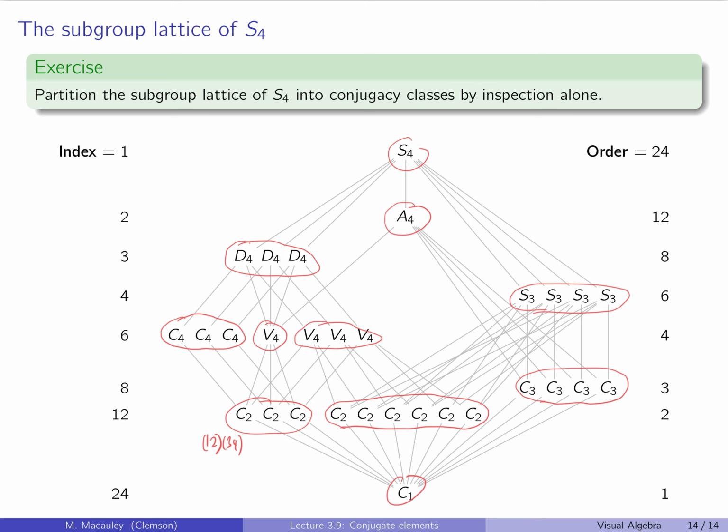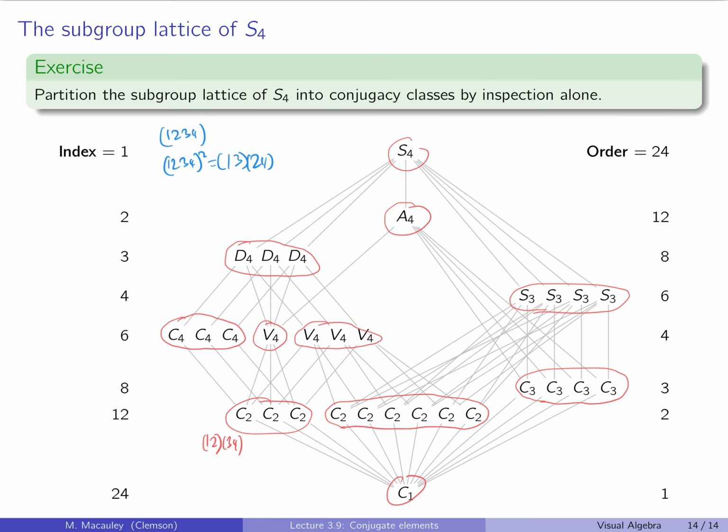Let me make one more comment. These C4s are, as I said, conjugate by the single parent property, but there's another reason they are as well. So there are 6 4 cycles in S4. For example, (1 2 3 4). And then let's see, the square of this, (1 2 3 4) squared, is (1 3)(2 4). That's something that's down here.